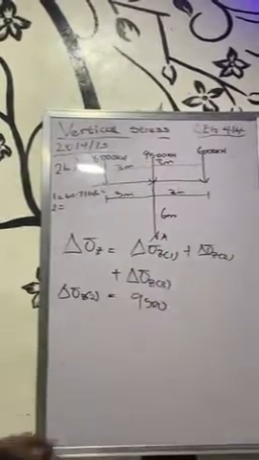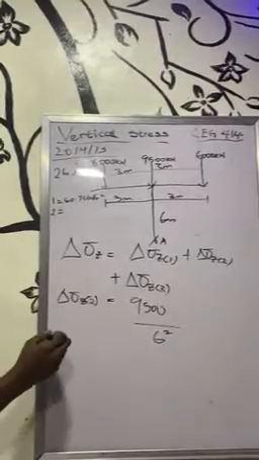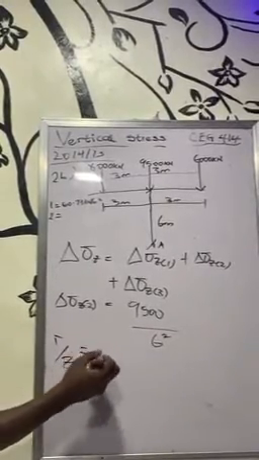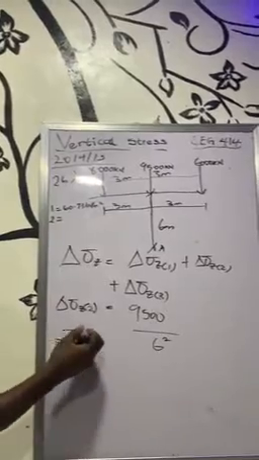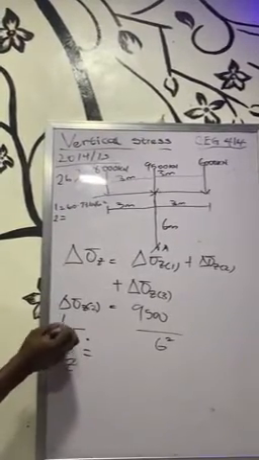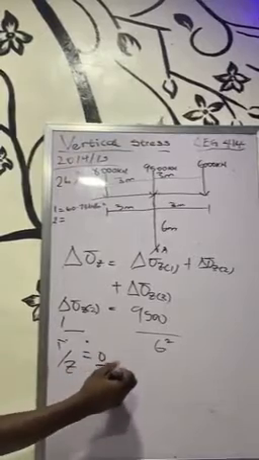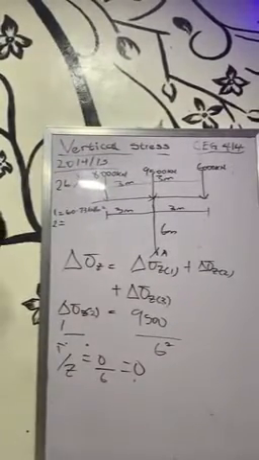For this second force, 9,500, the depth is the same, 6 squared. And the influence factor now is dependent on R over Z. My R for the second one, as I explained earlier, will be 0. There's no distance between the force and the point of action. There's no distance, so R is 0. Our Z is still 6. This should give 0.